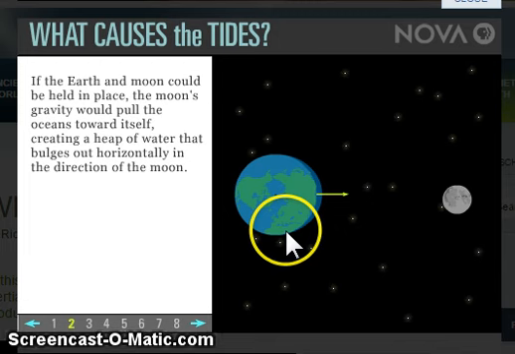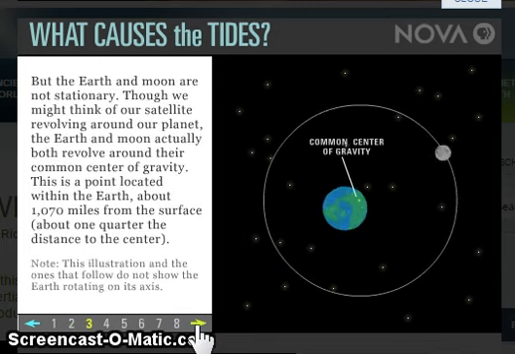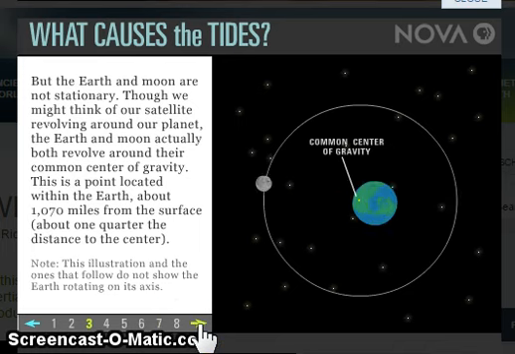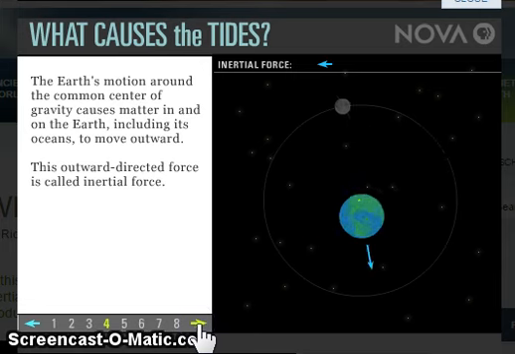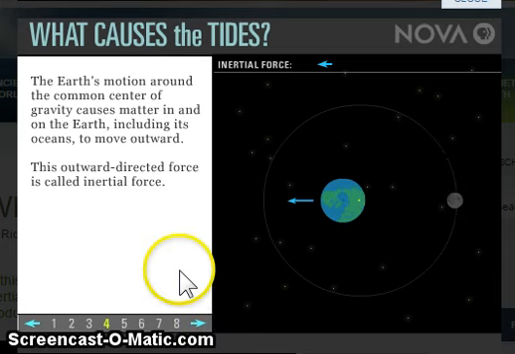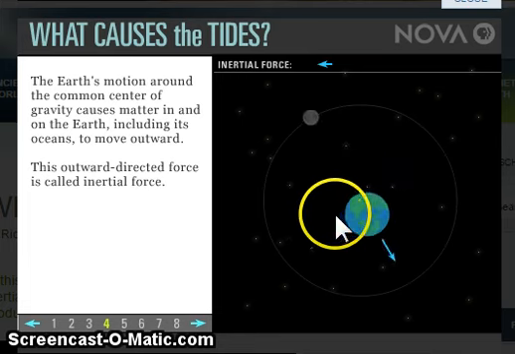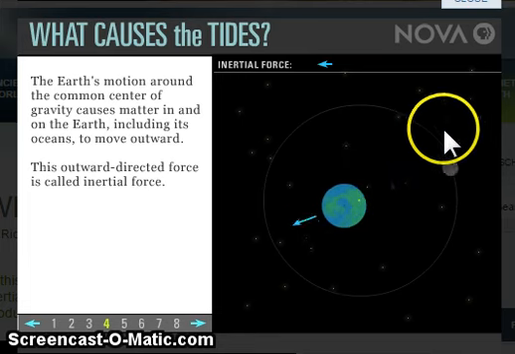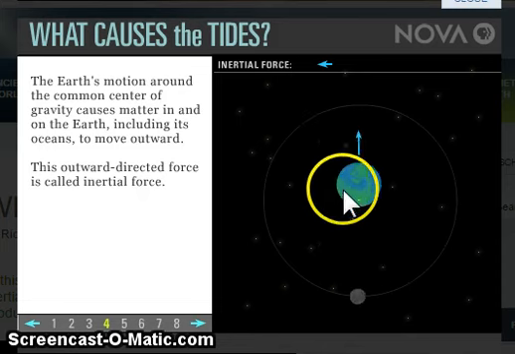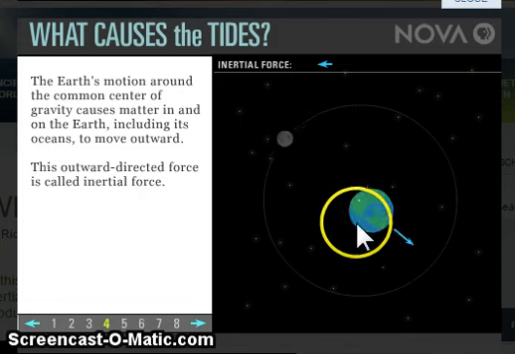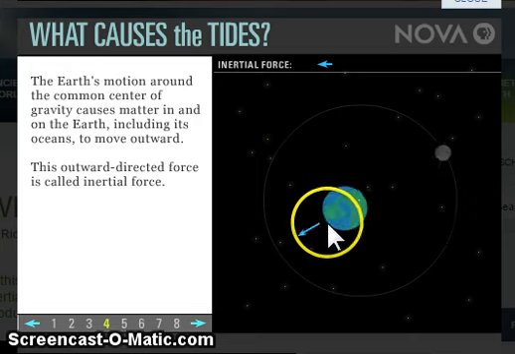But the Earth isn't stationary. The Earth is rotating around. So as it rotates around, we can also see that the Earth has this inertial force pulling on it. And this inertial or outward force is what causes the bulge on the other side. So not only does the moon here create a bulge on this side, but also where the Earth is spinning creates this inertial force.